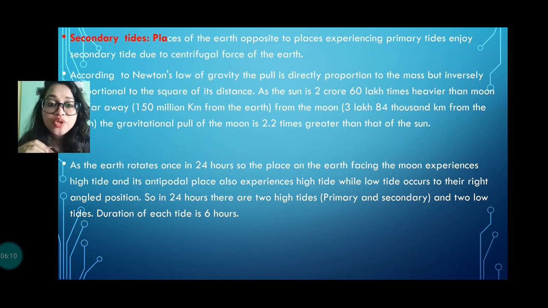The duration between each tide is 6 hours. So each place in 24 hours sees a primary tide, a secondary tide, and the other two sides face the two low tides.